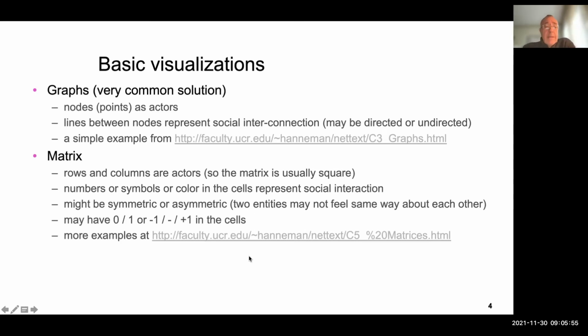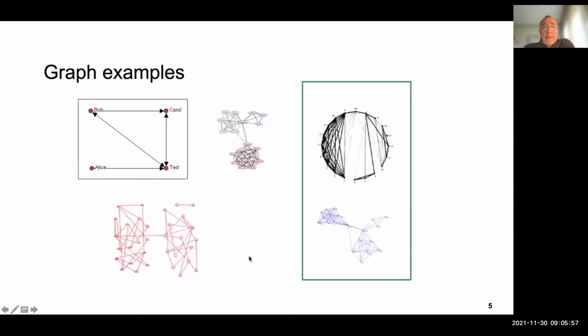The matrix is really compact in representation. Here we have some example, old-fashioned. Here we have direct edge. Bob likes Carol, Carol likes Ted, and Bob and Ted like each other, and so on. Here you see that Ted is an attractor.